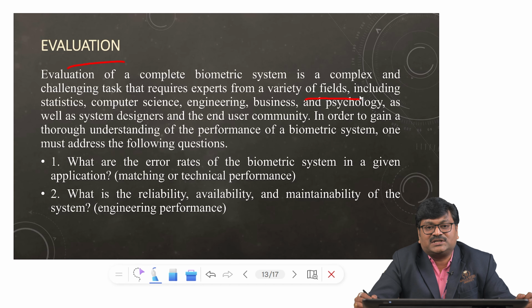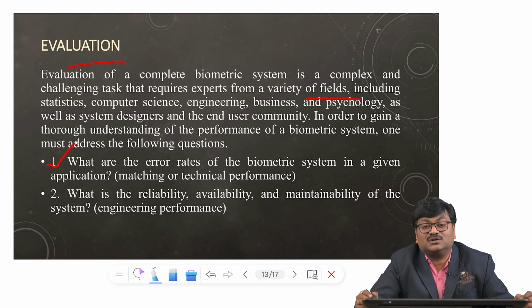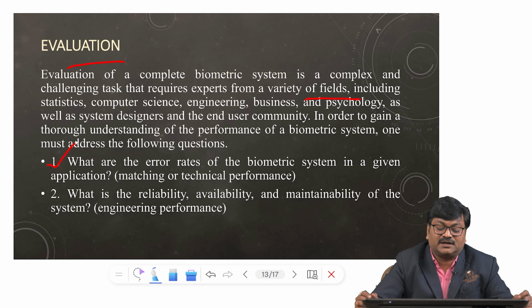Once the evaluation is done, or during the evaluation process, I need to verify certain things, such as what are the possible errors that could occur during the evaluation. That is the first criterion that we need to consider, because we need to avoid or minimize the errors that are present here.